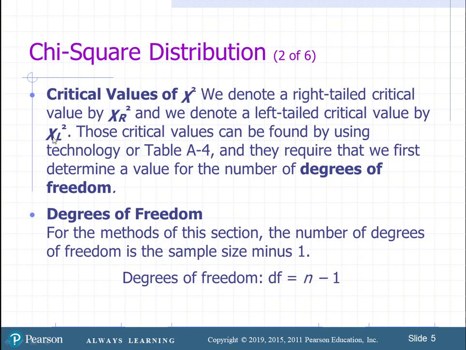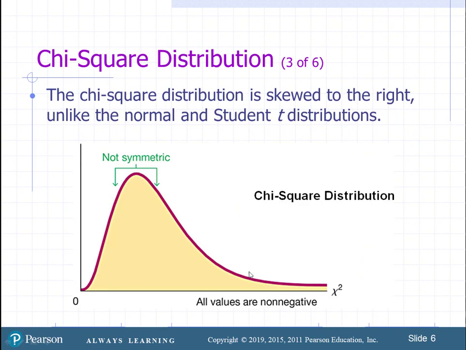The reason for this is our chi-squared distribution is not symmetrical like our standard normal distribution. So we use degrees of freedom, and degrees of freedom is equal to n minus 1. And here is our chi-squared distribution. As you can see, it's not symmetric.